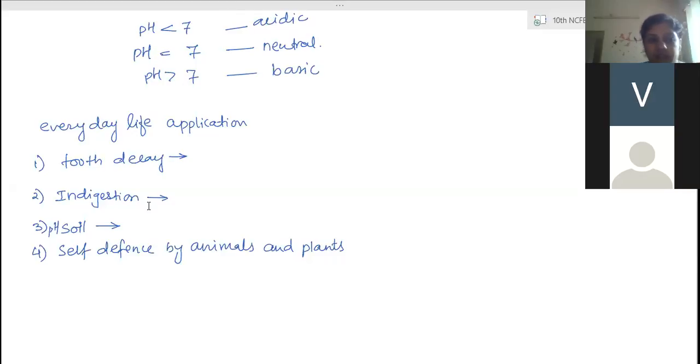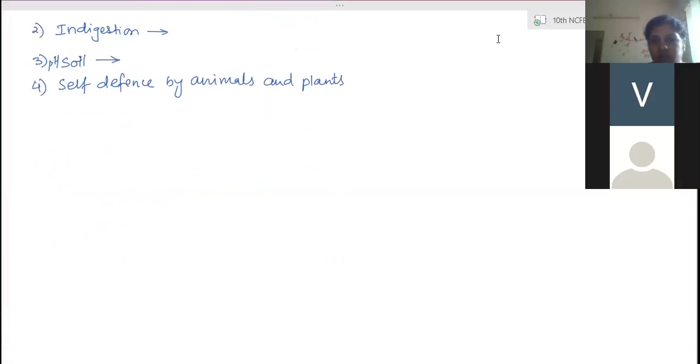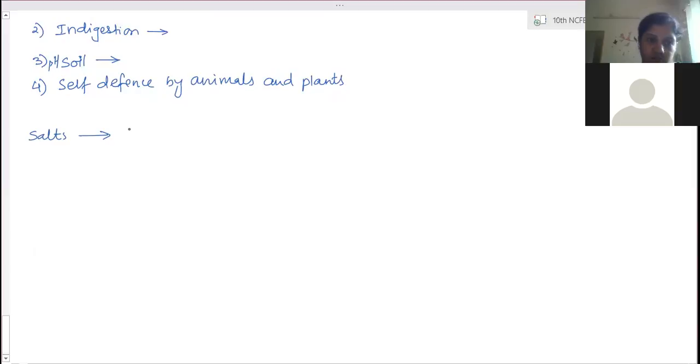Okay. The next part is salts. The 5 salts, their preparation, uses is an important part, and their chemical names. First one is, what are salts? Compounds produced after neutralization of acid and base.